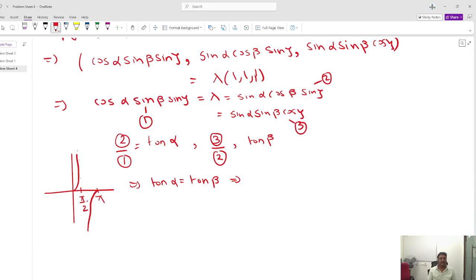This is the graph of tan on the region 0 to pi. And on this region tan is one-one, right? So alpha has to be beta. Correct?